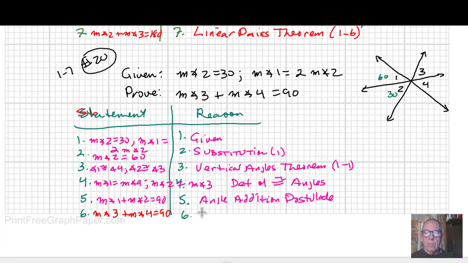And that's substitution using, what did we use? We used step 4 and step 5.